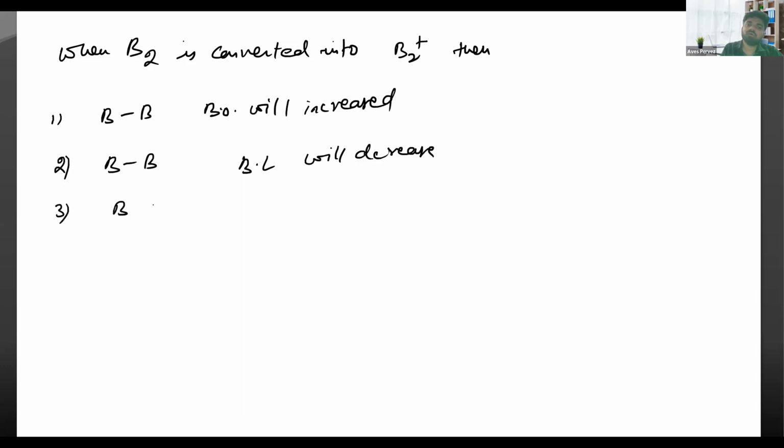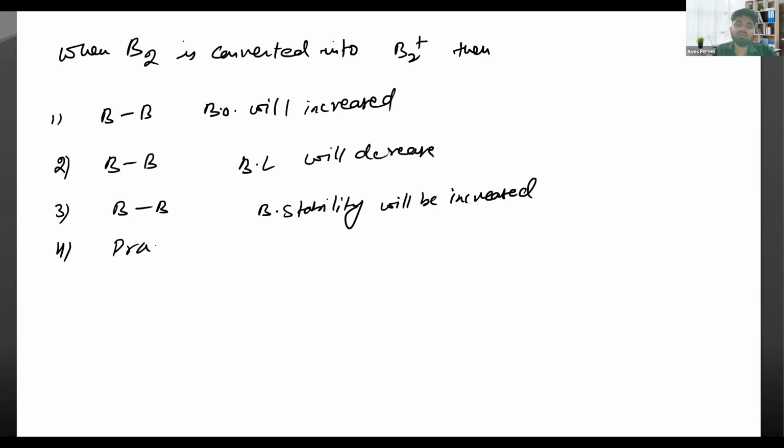Third, bond stability will be increased. And fourth, paramagnetic nature will decrease. Which one is the correct?